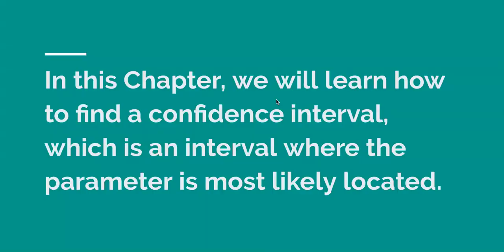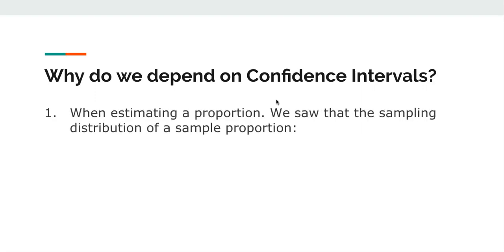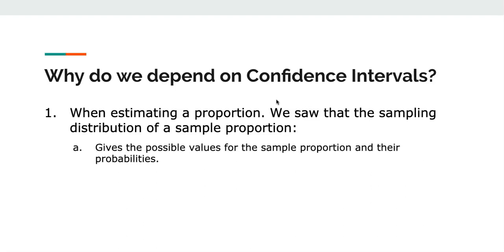In this chapter, we will learn how to find the confidence interval, which is an interval where the parameter is most likely located. So why do we depend on confidence intervals? When estimating a proportion, we saw that the sampling distribution of the sample proportion gives the possible values for the sample proportion and their probabilities, right? That's what we looked at in chapter 7, 7.1, the sampling distribution of sample proportions.